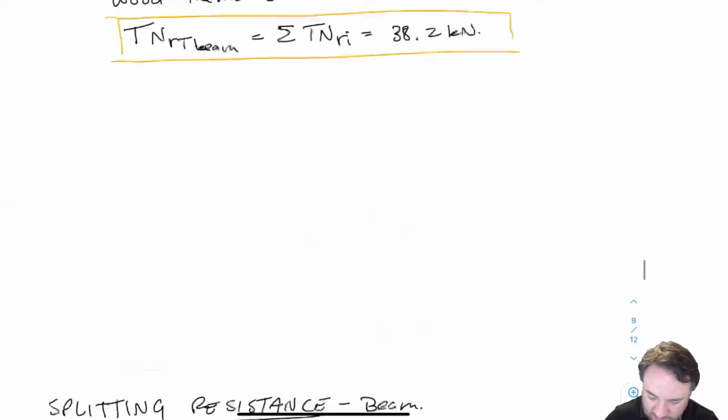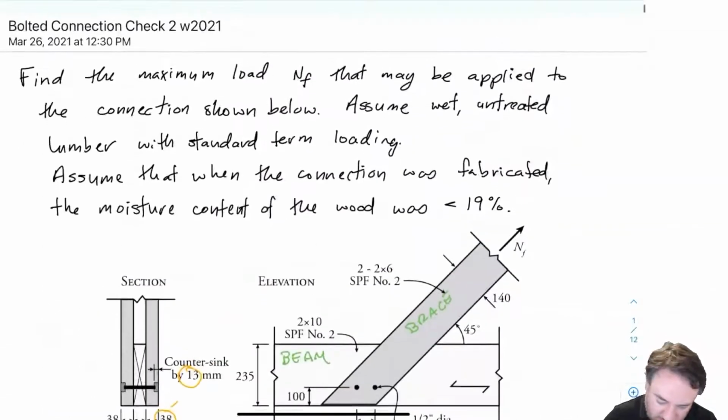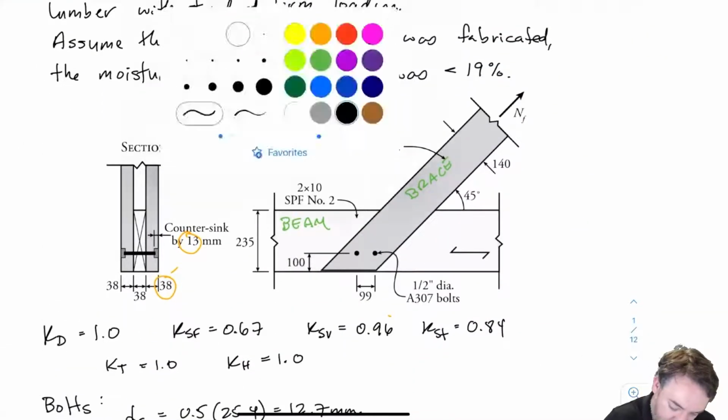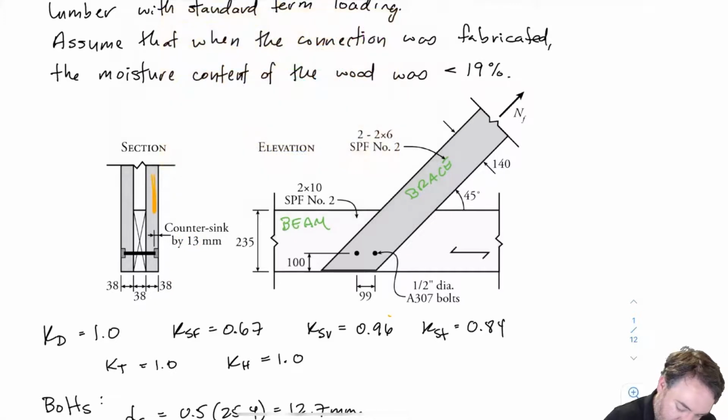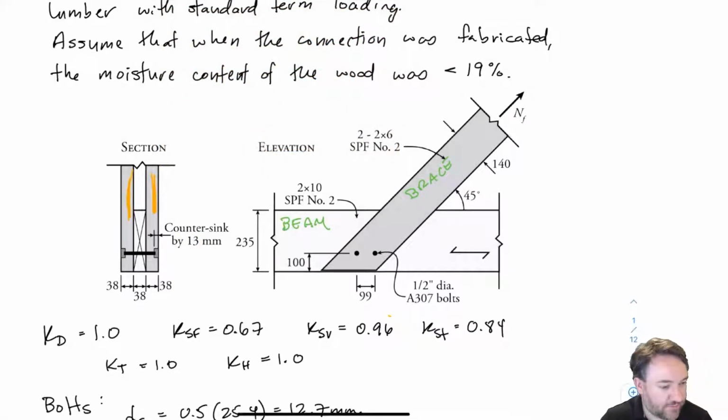We have this side member here and this side member here, and we've just calculated for one of them. Now the other one happens to be, in this case, exactly identical. So I'm going to say that the row shear strength of the second member is the same as the row shear strength of the first member.